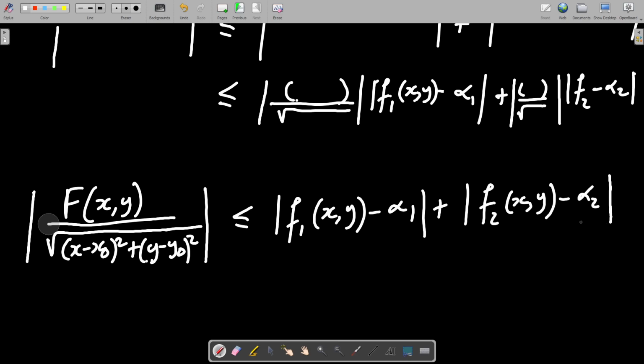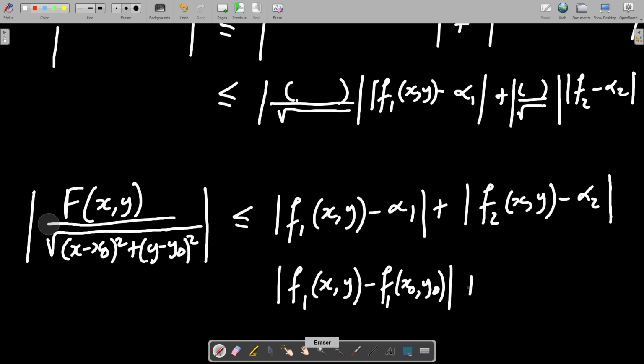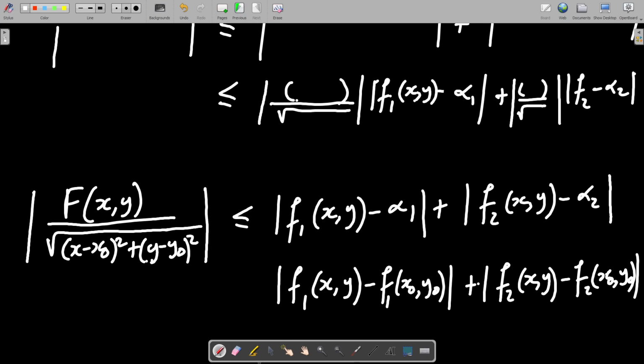But what is alpha 1 and alpha 2, by the way? This is nothing but what we have defined as alpha 1 and alpha 2. This is f1 of x naught, right. This is our definition of alpha 1 and alpha 2 in this part of the proof. Just read and see above. This is equal to this, right?